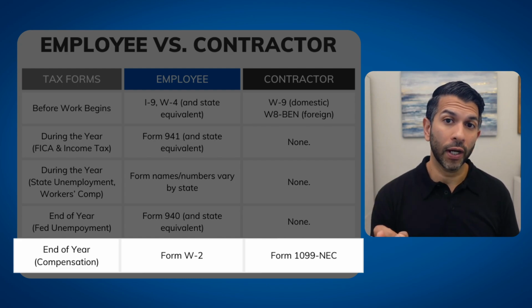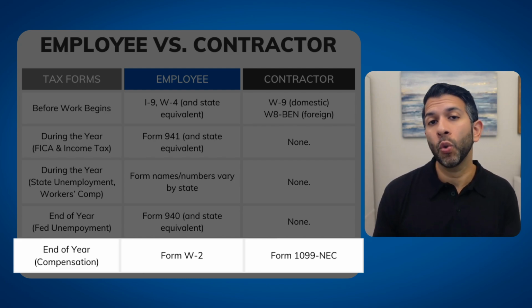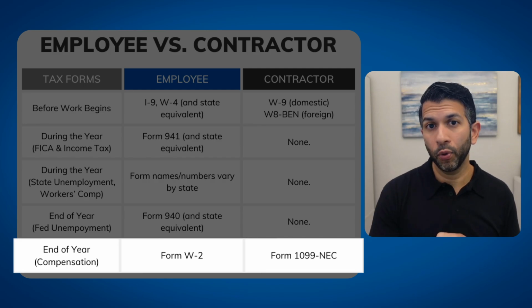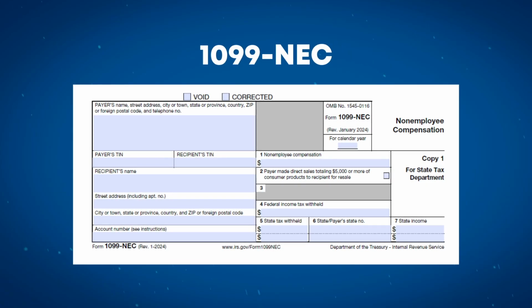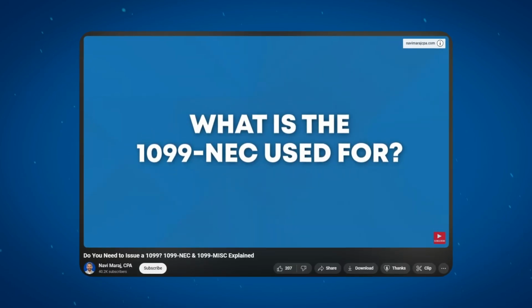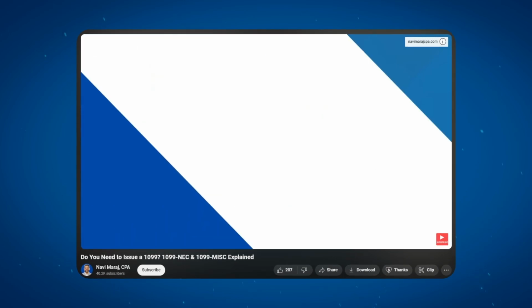Now, if you have a contractor, here's where you do have to issue a form as well. You, as the employer, need to issue Form 1099-NEC. I also have a video on my YouTube channel that tells you everything you really need to know about issuing a Form 1099-NEC. And whether you, as the person that hired this contractor, are required to file that Form 1099-NEC is based on how the contractor completed Form W-9, okay?